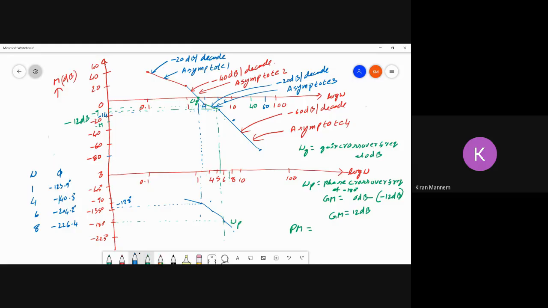So what is the phase margin? It is minus 128 plus 180 degrees, so it is 52 degrees.